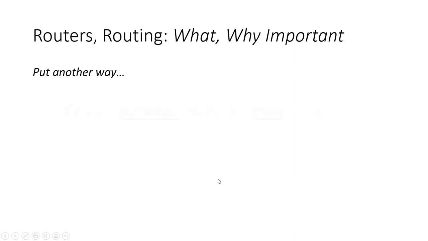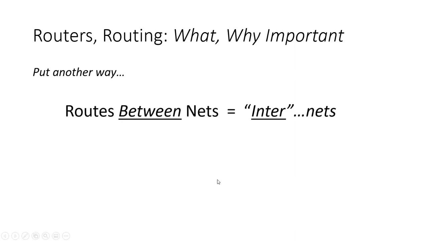If you want to put this another way, routes between networks is equal to inter-networks. It's literally the glue that makes the network possible. And we've only touched on routes in related references, but today we're taking the deep dive on routes.